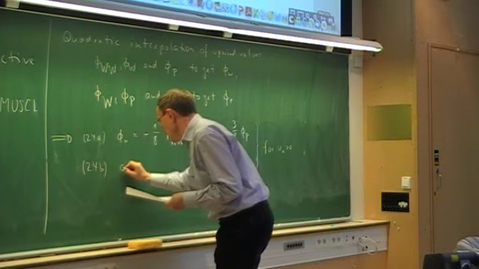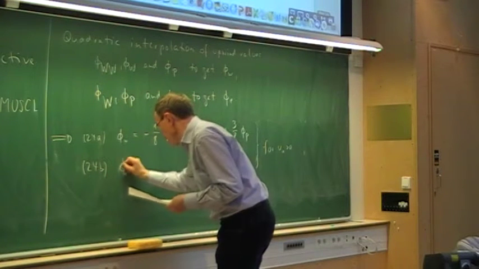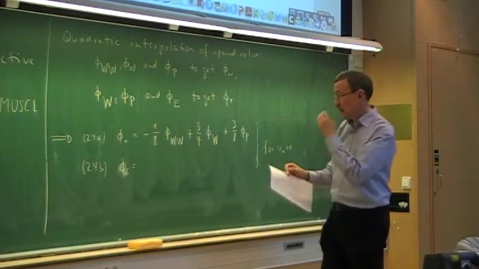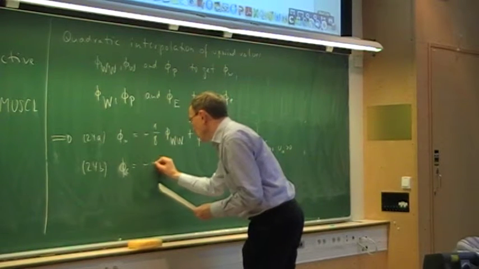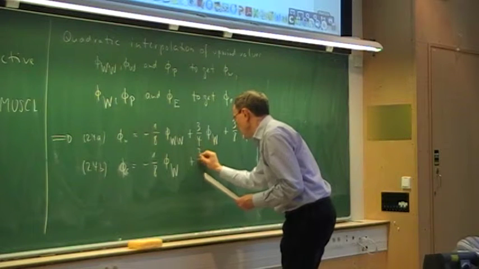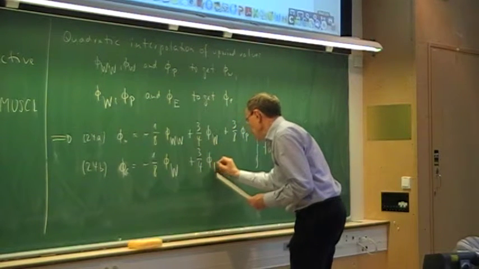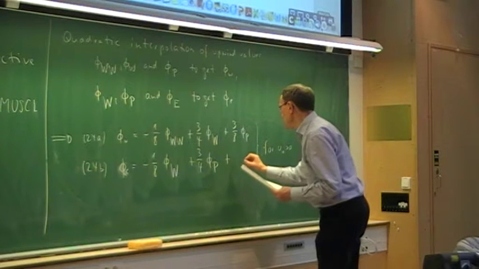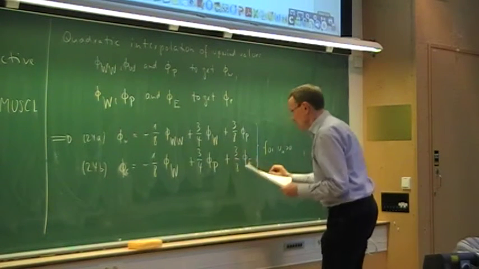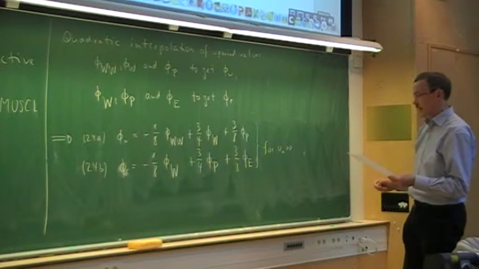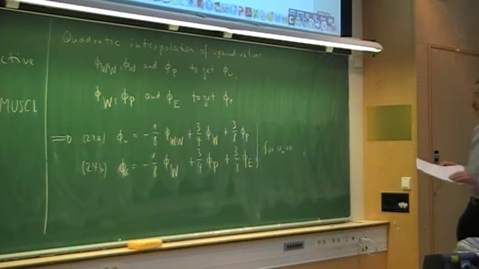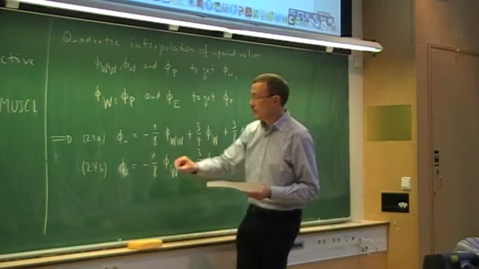So now the phi e gets the following weights. We just have to shift it to the right: minus 1/8 phi W plus 3/4 phi P plus 3/8 phi E. Check that. Yeah, should be okay. And similarly we can do it for the left.